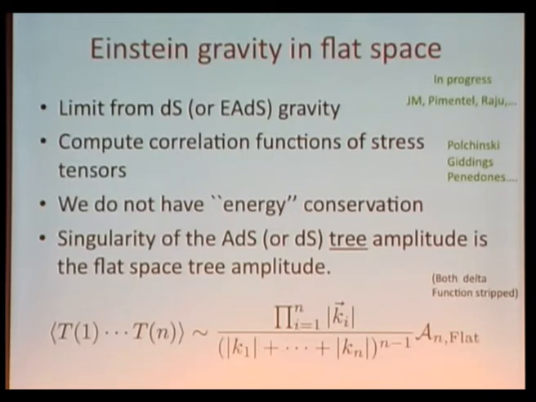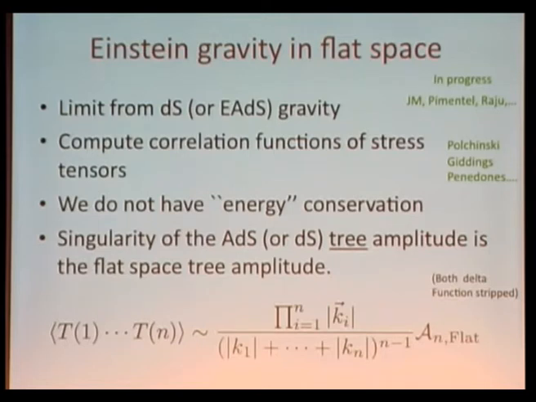This is a function which can be analytically continued in the modulus of k, and we can make one of these k's negative in such a way that this develops a pole. And so if we look at the pole of order n minus 1, the coefficient of this pole is the flat space amplitude. Notice that this can be interpreted as the energy of the particles.